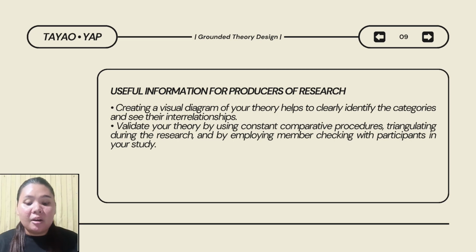And the last one is to validate your theory by using constant comparative procedures, triangulating during the research, and employing member checking with participants in your study. So that's the useful information for producers of research. Okay, so as a researcher, you are going to follow that information to have a successful result.